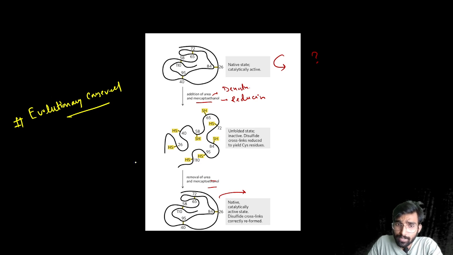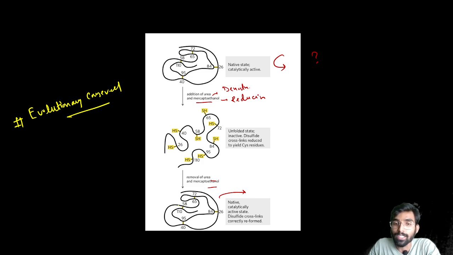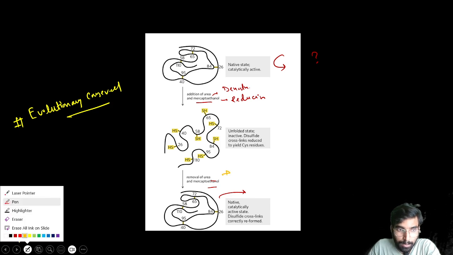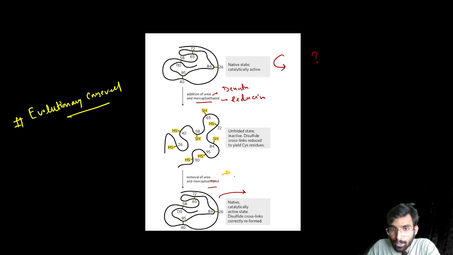Now after refolding also, you can see there is a bond between 65 and 72, 40 and 95, 110 and 58. As usual, the disulfide bonds were in the native state. The same thing happened in the refolding condition. Okay, so another additional experiment was done here. Suppose when he removed beta mercaptoethanol and urea, it took almost 8 hours.